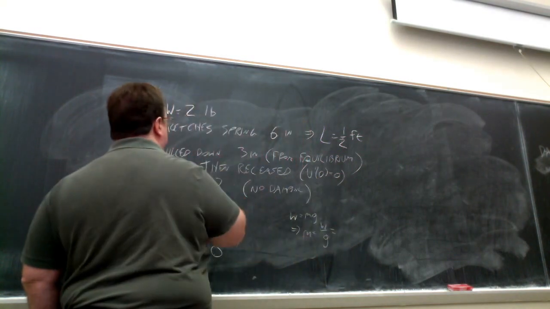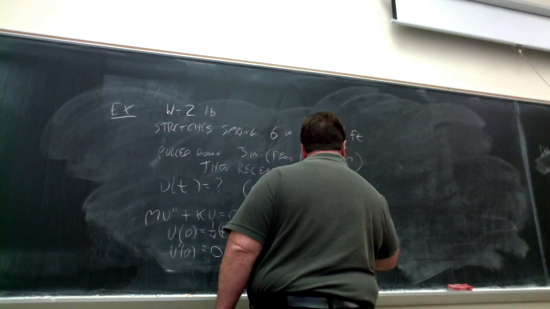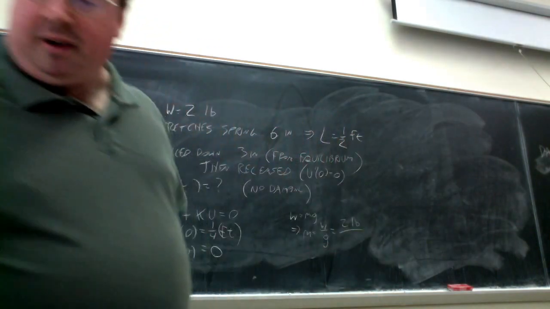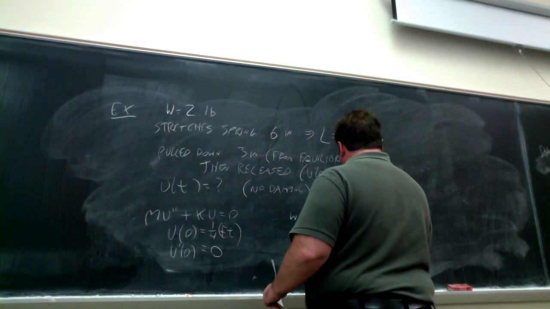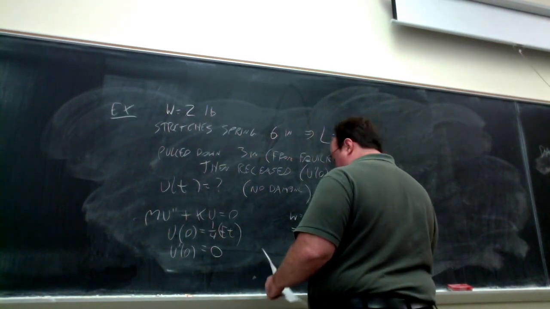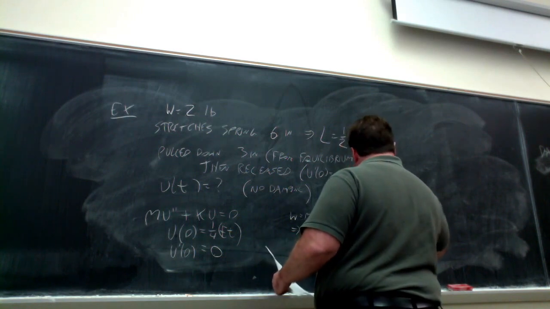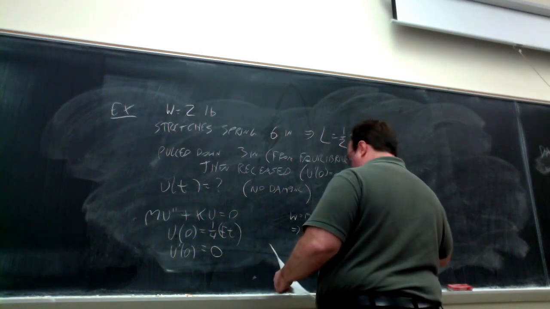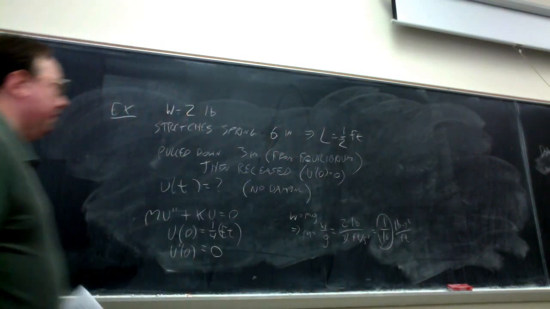The weight is 2 pounds, and then we divide by our gravity constant, which is 32 feet per second squared. So we get 1/16.